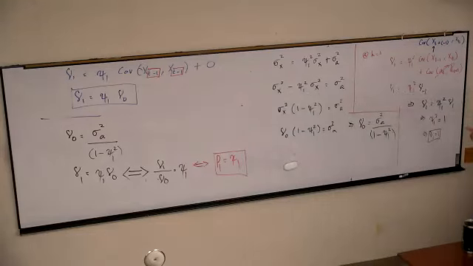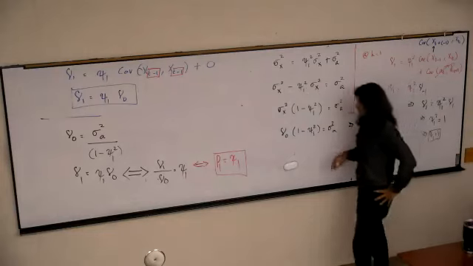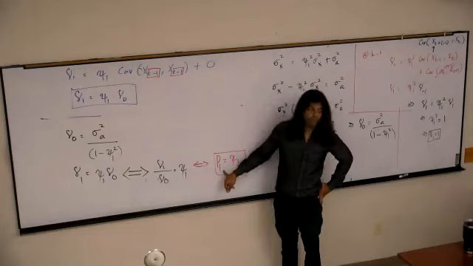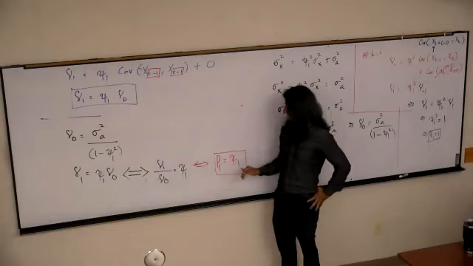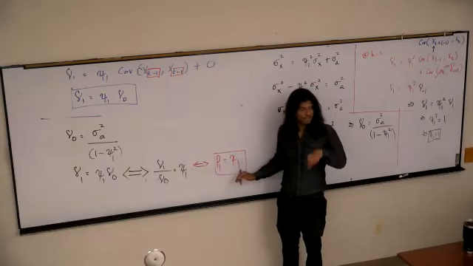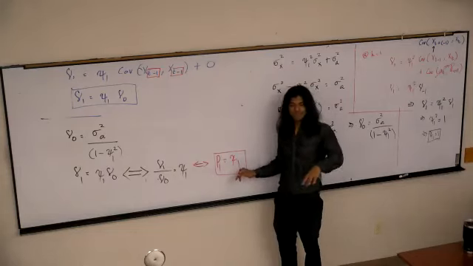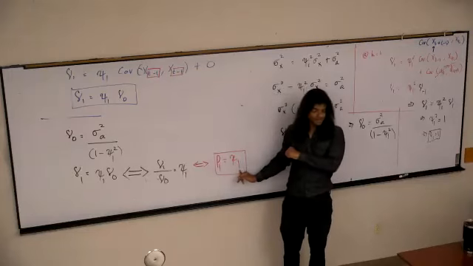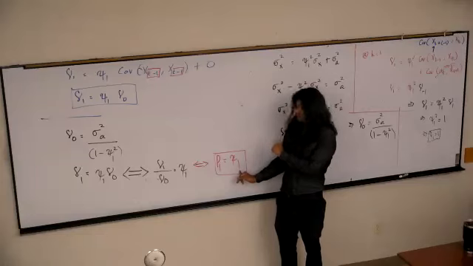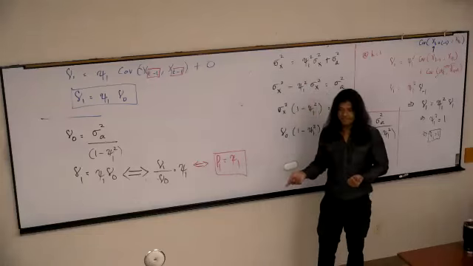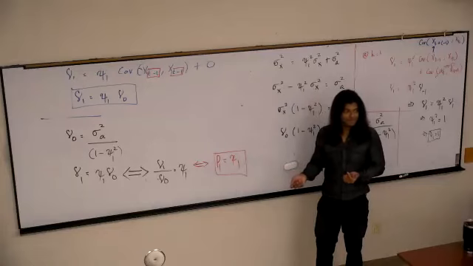Good. Look at that expression. That expression is telling us that rho 1 is going to give me the value of psi 1 in my model. So I observe a series, I find its autocorrelation, and it is telling me that you can fit the model easily if you look at the autocorrelation function. Good?